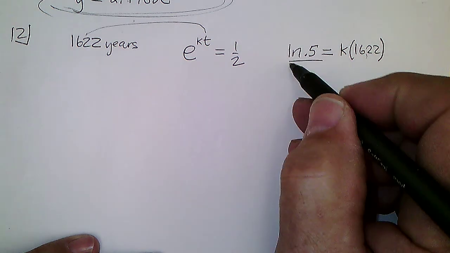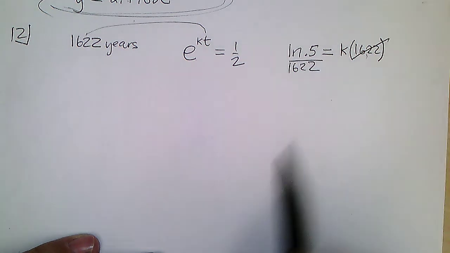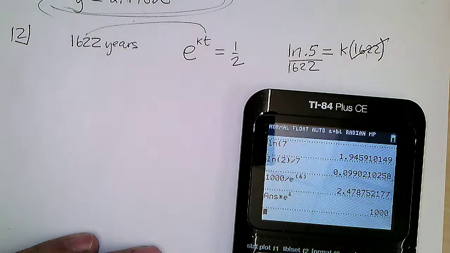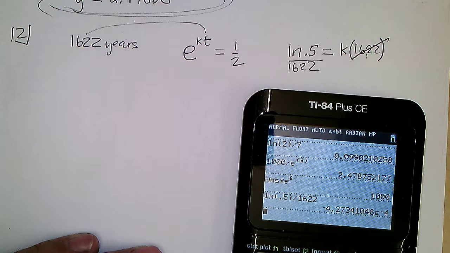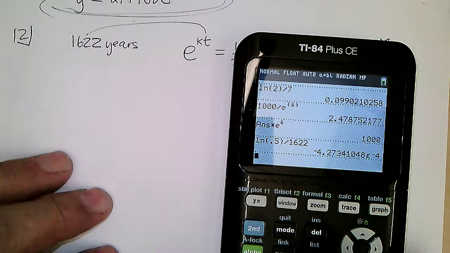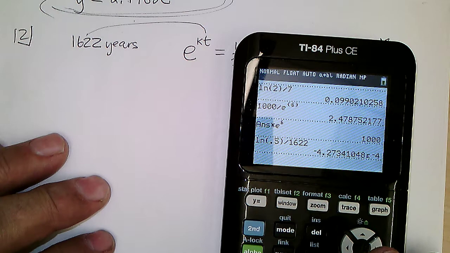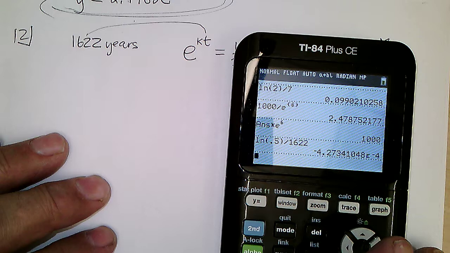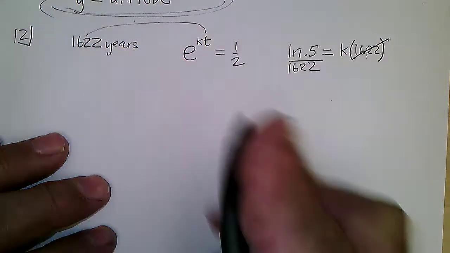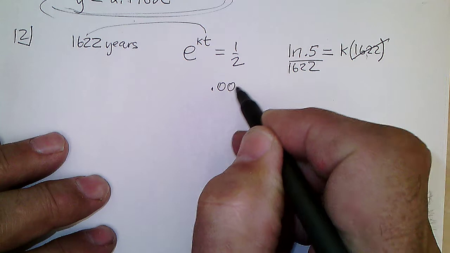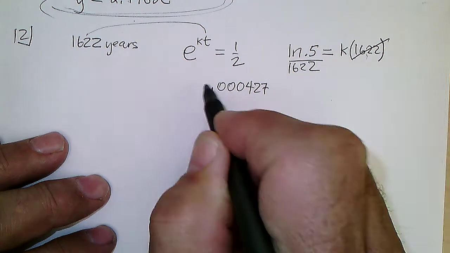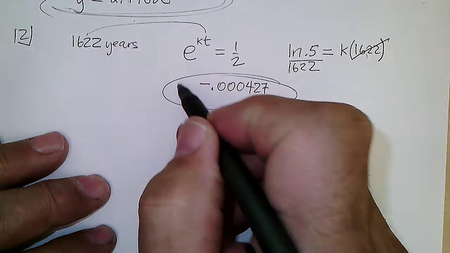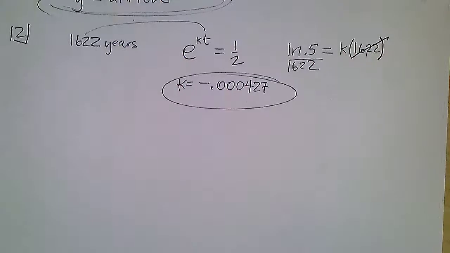If I divide by 1622, I get the constant. So that's ln 0.5 divided by 1622. And the decay constant is negative 0.000427. That's the decay constant, so that the half-life is 1622.